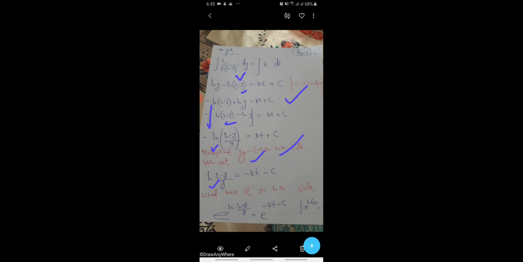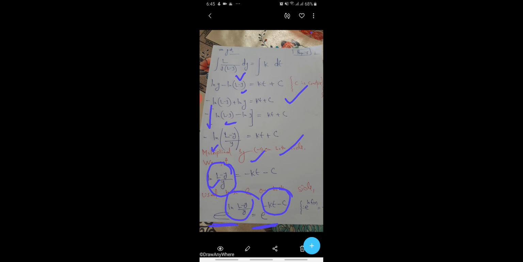There is only one concept: you just make a base e on both sides. I just write e on both sides, and the same function I will put here, and this will work in the exponent.